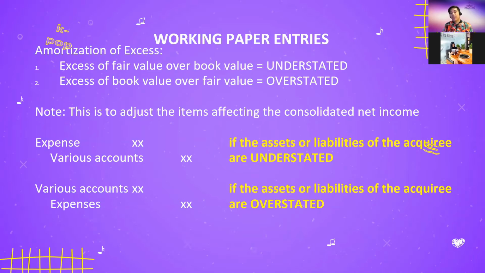So it's understated, so we have to adjust for that. Similarly, excess of book value over fair value, it's overstated. Note, this is to adjust the items affecting the consolidated net income. So what are our entries? Debit expenses, credit various accounts, if the assets or liabilities of the acquiree are understated.